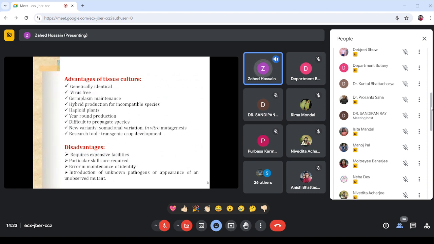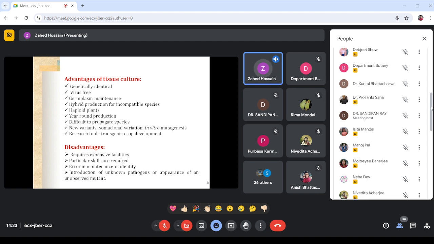The first one is that all the regenerated plants are genetically homogeneous, or genetically identical, with the mother plant or the explant, because once you culture a cell or tissue, all the derived plants would be genetically identical with the explant.